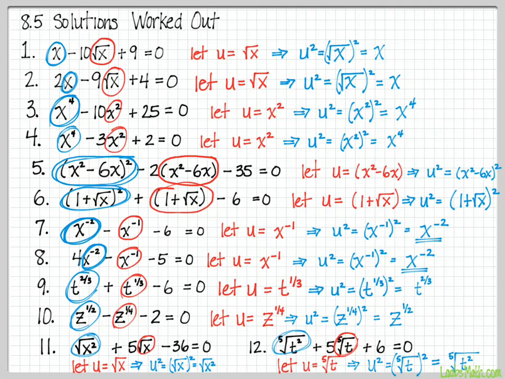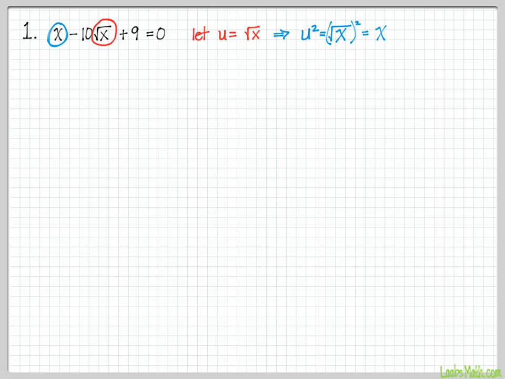I'm only going to be using the letter U, and in each case the blues will become U squared and the reds will become U. So let's see each problem worked out. So here's problem number 1. I just copied it and put it here, no different than what you saw on the previous page. But now I'm going to actually do that substitution in. Where I had circled in blue, I changed that to U squared.